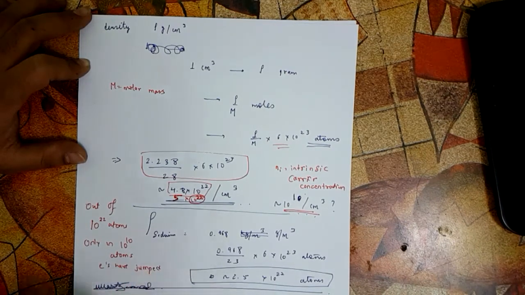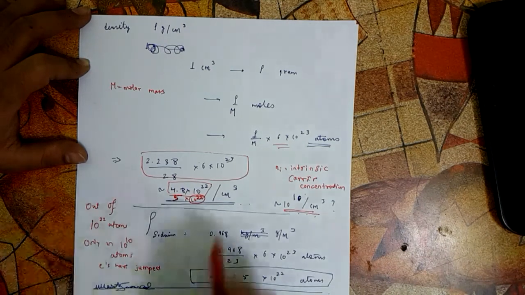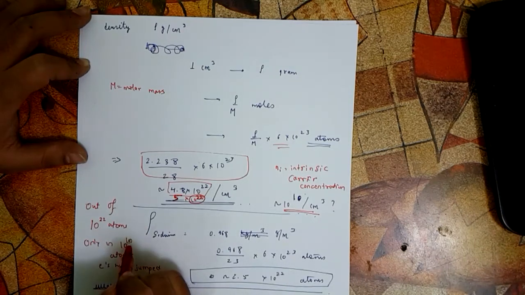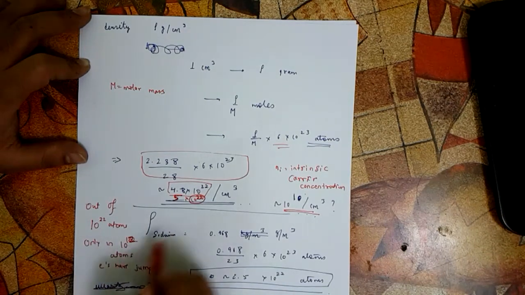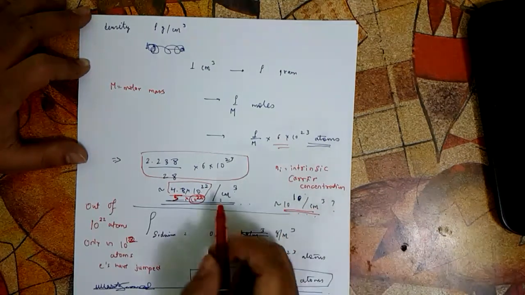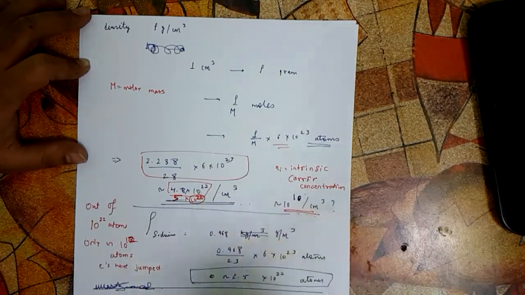That means maybe 1 electron out of 1 million atoms. So that is very less. That explains the low conductivity of silicon, because only 1 electron for 10 raised to 12 atoms. Why 10 raised to 12? Because 10 raised to 22 atoms, 10 raised to 10 electrons. So 10 raised to 12 atoms, 1 electron.